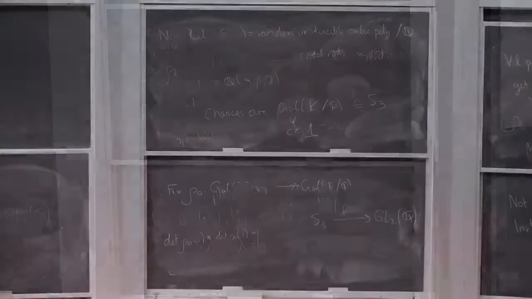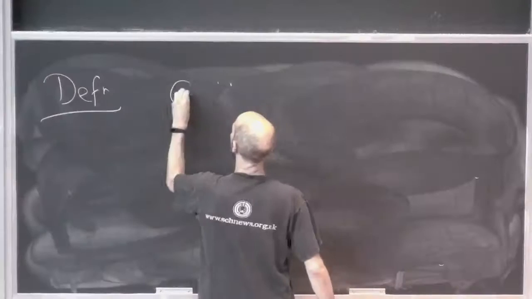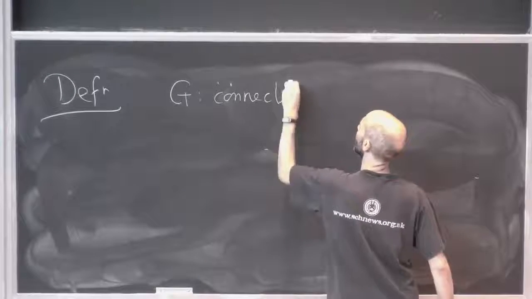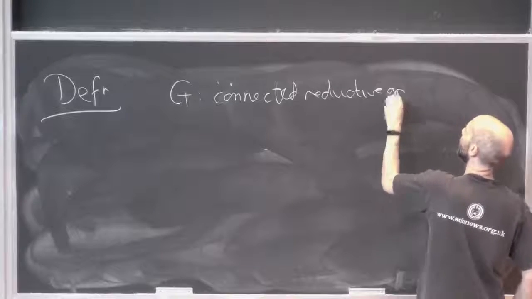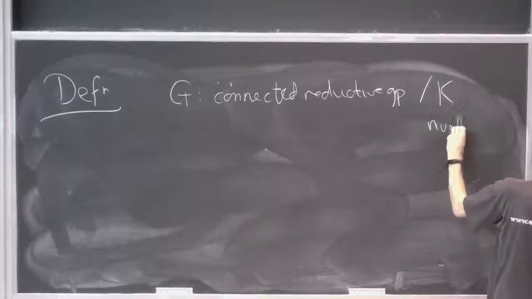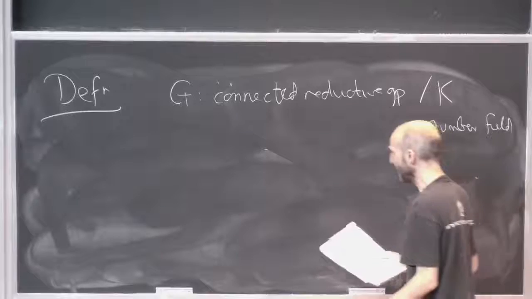So let me just do notation first. Let G be a connected reductive group over a global field. Well, over a number field. Okay.